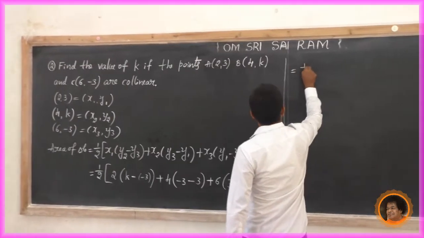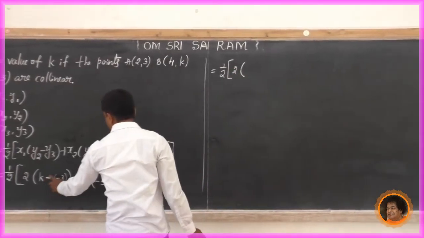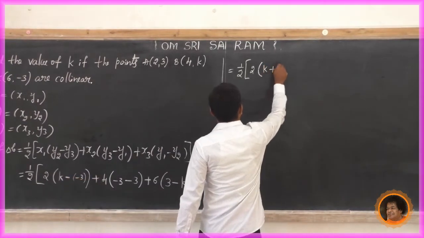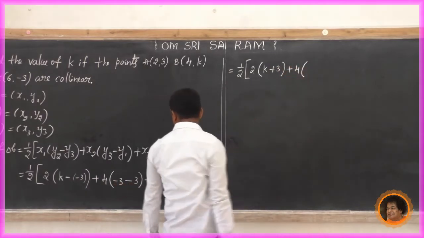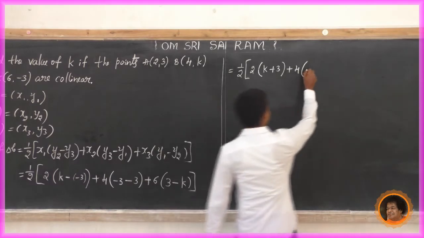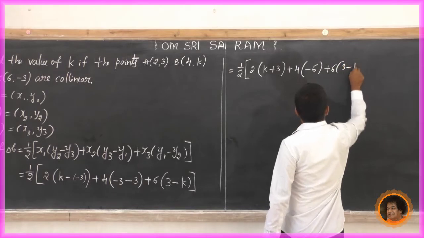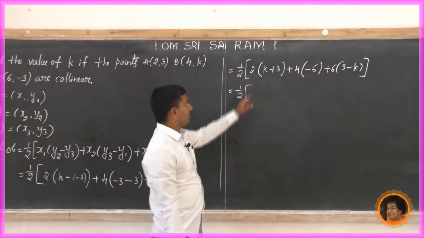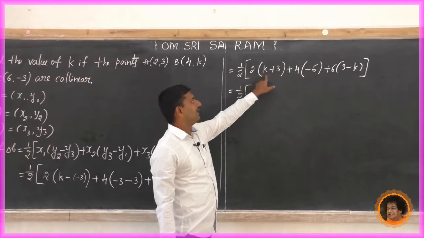So this is equal to half into 2 into (k plus 3), because minus into minus is a plus, plus 4 into (minus 3 minus 3). Here both have a negative sign, so minus 3 minus 3 is minus 6, plus 6 into (3 minus k). Look here: 2 into (k plus 3). This is the monomial and the next one is the binomial.